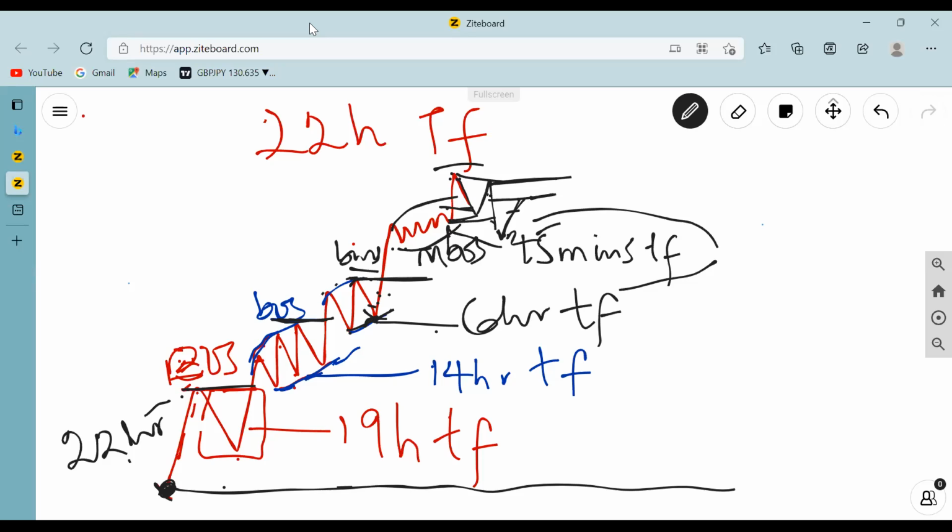All of them are Caesar structure. Either one of them is the internal structure of Caesar, because the internal structure of Caesar will be a lower time frame to 6-hour as well. Just like the 19-hour time frame structure is the internal structure to this 22-hour, as I put here.